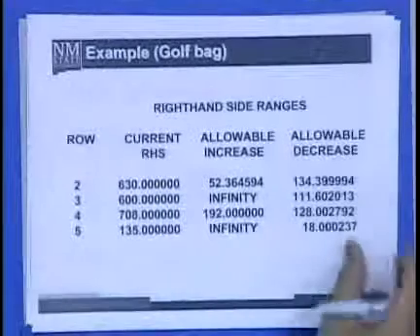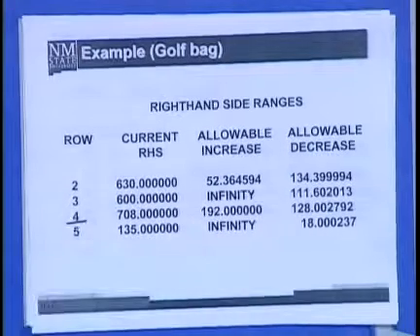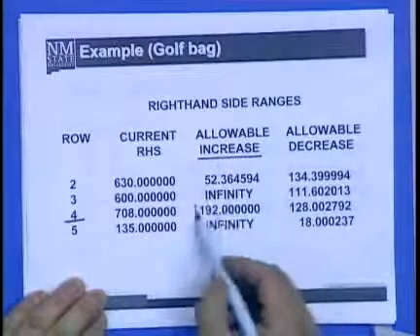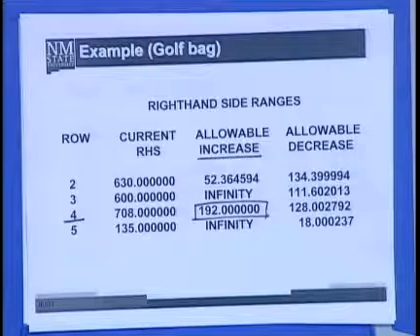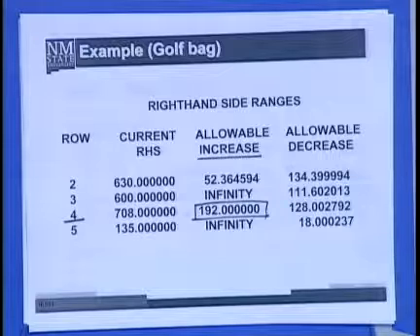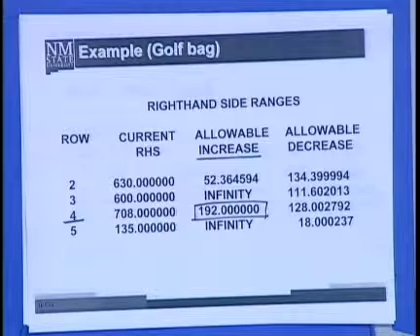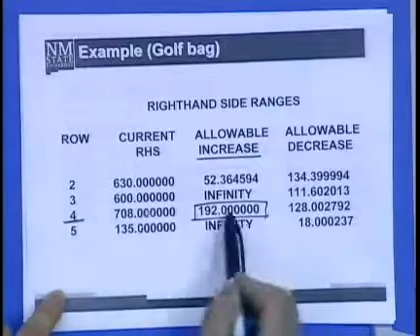For row number 4, the allowable increase limit is 192, right? So increasing finishing by 10 hours is still within this allowable increase limit, which means the current dual price for row number 4 is still valid, right?